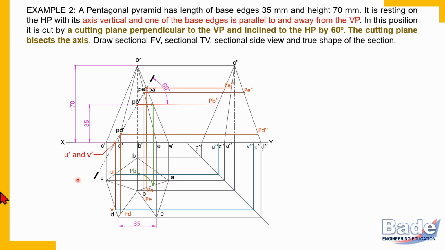Of course, not a regular hexagon, but it is a polygon with 6 corners. Now join these corners to form a closed polygon. So here it is the section in the top view, and here it is the section in the side view.